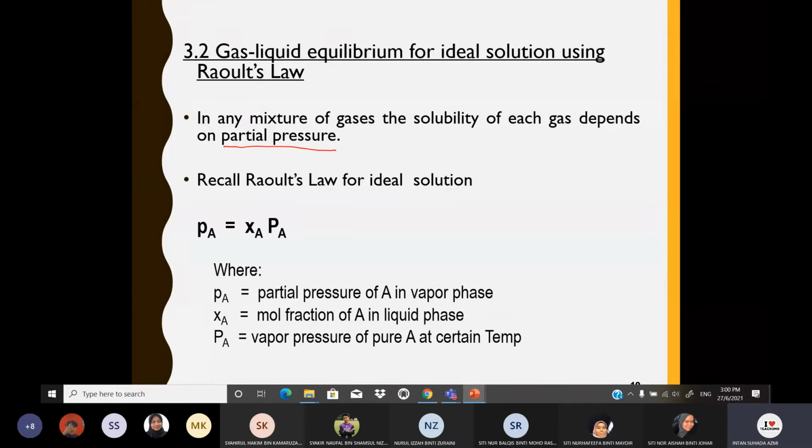Small p is the partial pressure of A in the vapor phase. x_A is the mole fraction of A in the liquid phase. Capital P means the vapor pressure of pure A at a certain temperature.